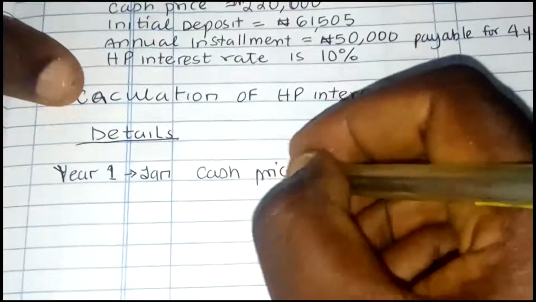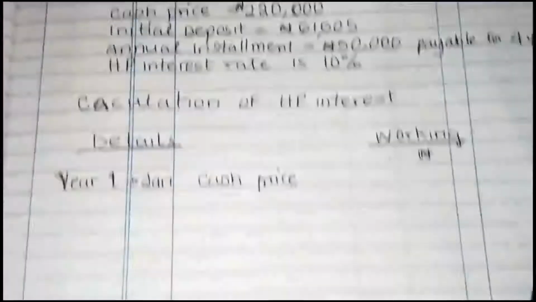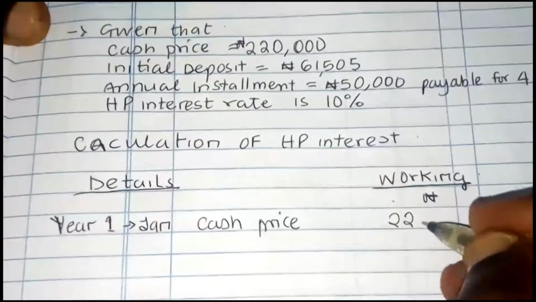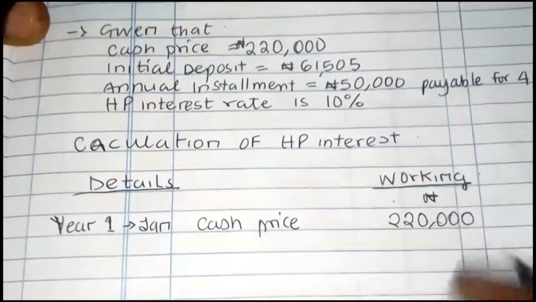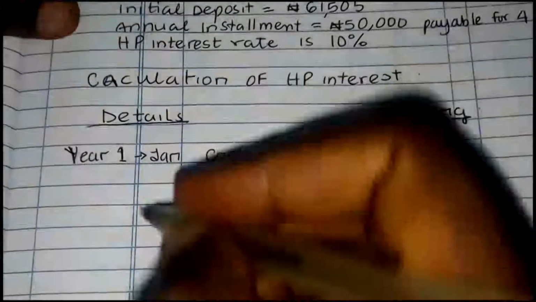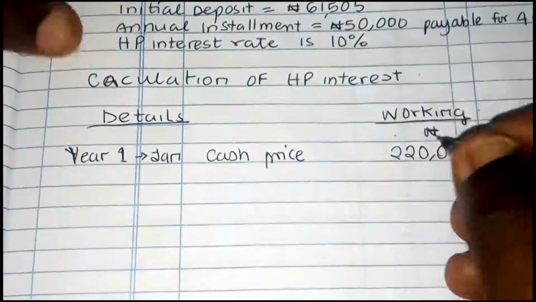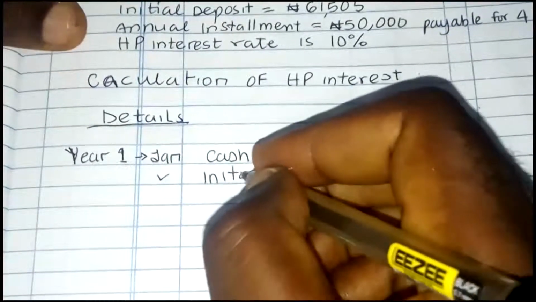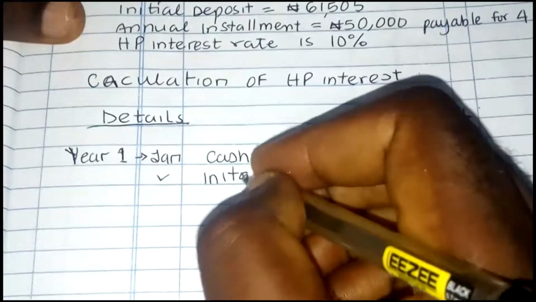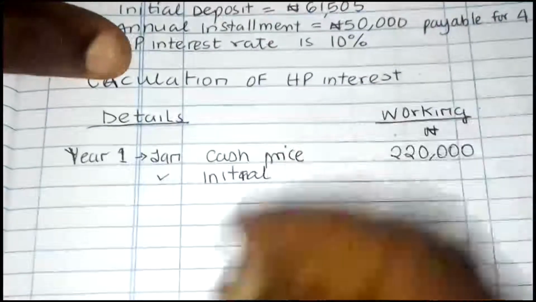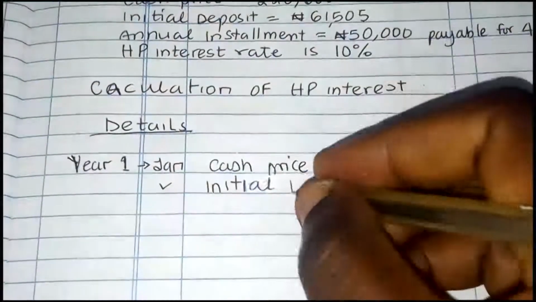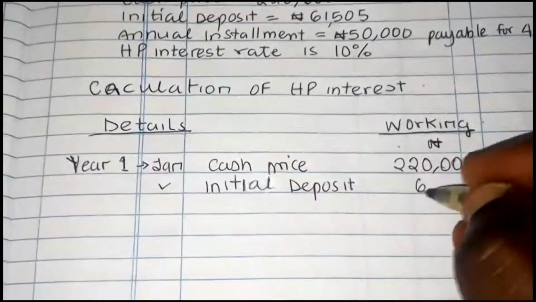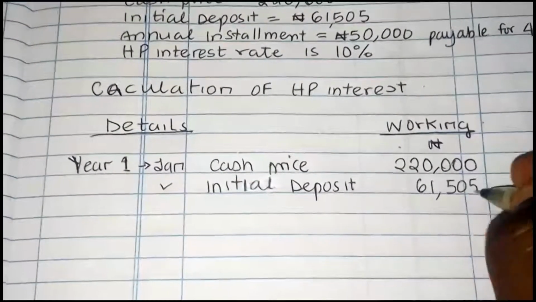We have our cash price. So what is the cash price? The cash price in this question is 220,000. So you have your 220,000. Okay, then you will less by that January the initial deposits. So what's the initial deposit? 61,505.